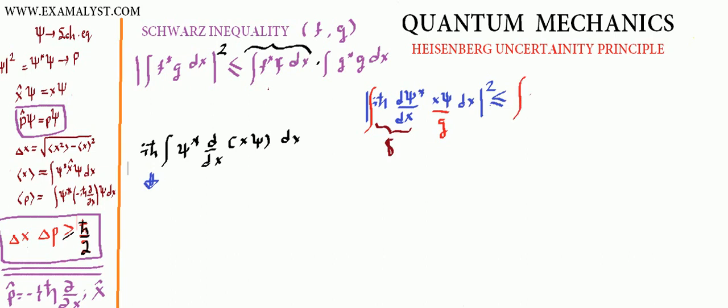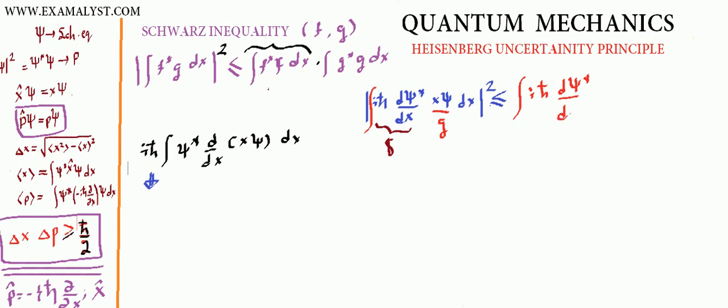Let me write, the first term is f. So what is my f? It is i h cross d psi star divided by dx.